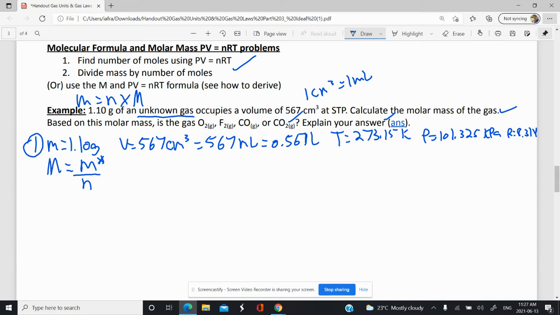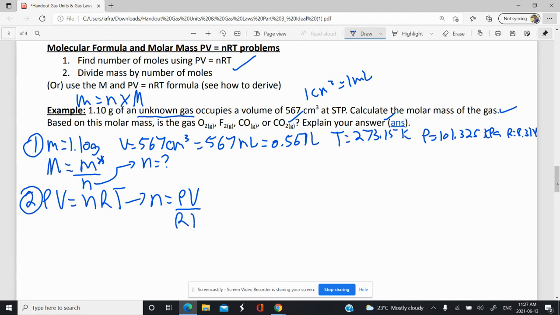So really, we need to find our number of moles, and then we can figure out what our molar mass is. So to use this formula, I need my number of moles from PV is equal to nRT. We already have mass. I just need my number of moles. So I know that PV is equal to nRT, so that means my number of moles is equal to PV over RT.